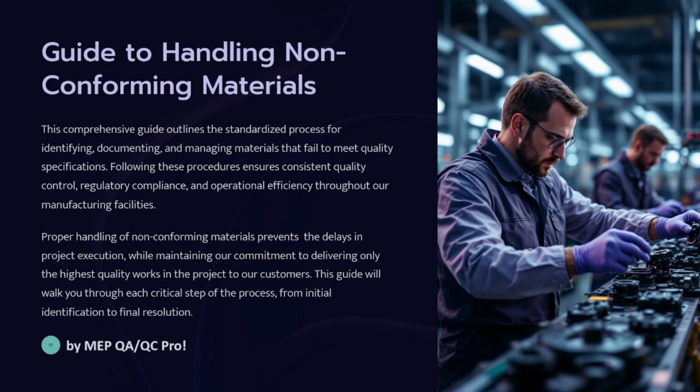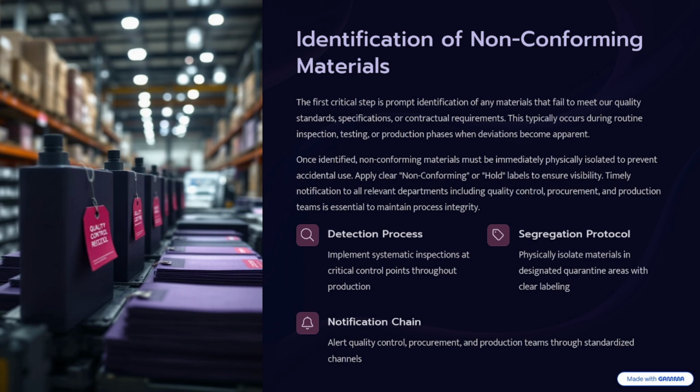So let's get started. The first one is identification of non-conforming material. Whenever you are going to check the material which arrived at your store or at your factory, the first thing is you should have your documents. First of all, your project specification, what code and standard they are saying in the specification and what compliance the supplier did.